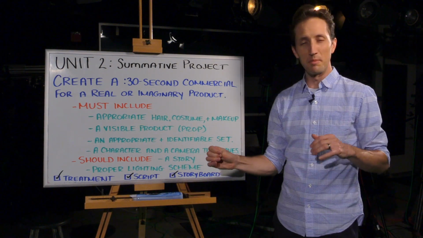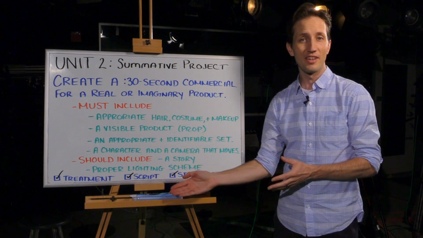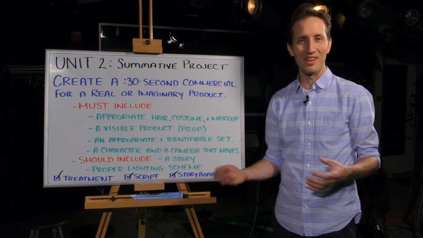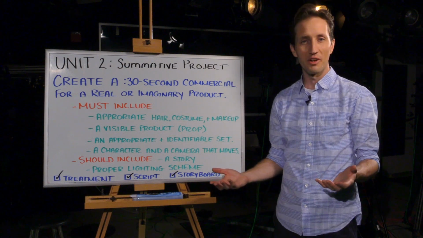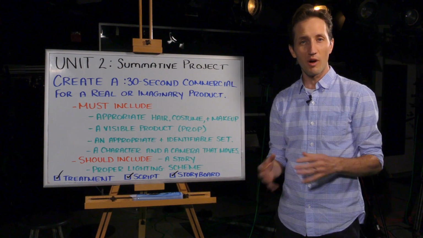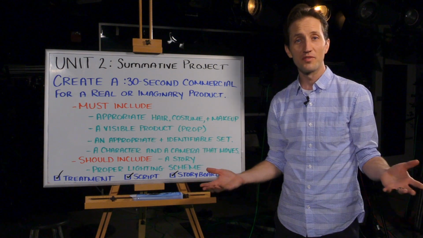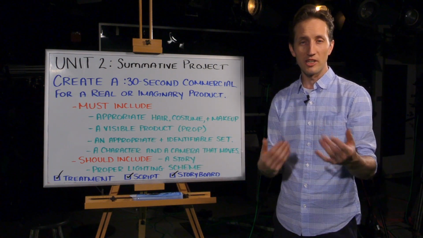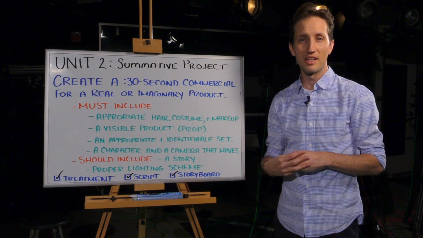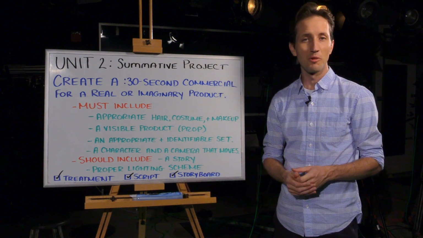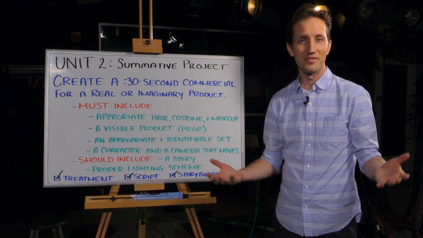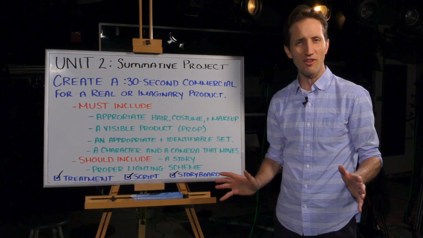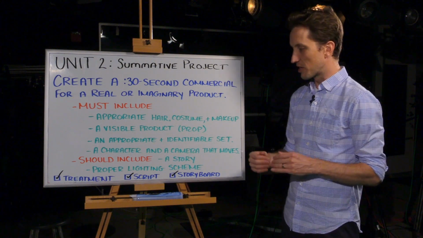Anyway, if you have some flood lamps hanging out in your garage, or some flashlights, or even your cell phone light will work, I want you to at least try to incorporate a lighting scheme in your commercial. But I do understand that resources are limited, so I'm not going to hold it against you if your commercial isn't well lit. But really try, okay?